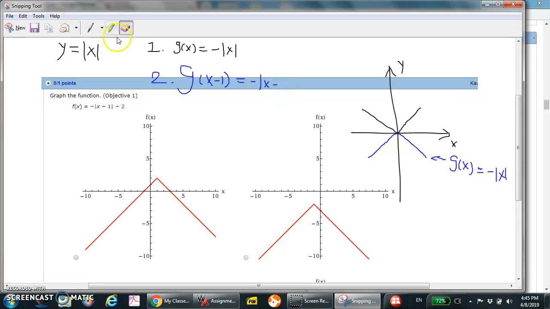Since we are subtracting a 1, we're going to shift the graph to the right for 1 unit.